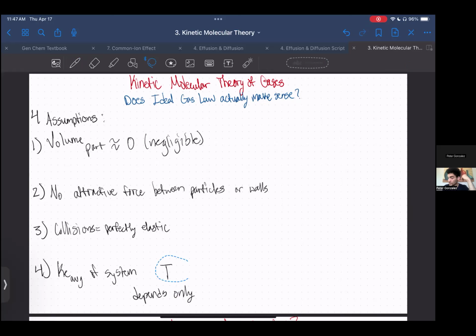So what this means is that if you make your gas hotter, the gas particles on average will have more kinetic energy, which therefore means they'll move faster. And I'll explain why we can say this definitively in a second, but I'll also explain why we say the average kinetic energy.